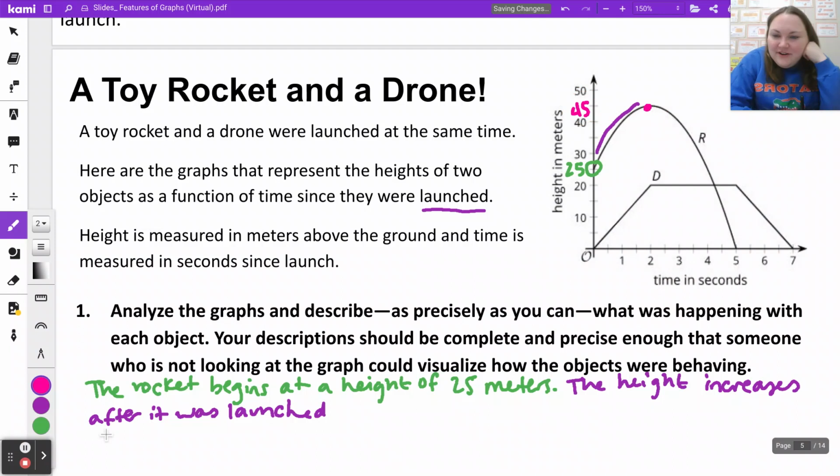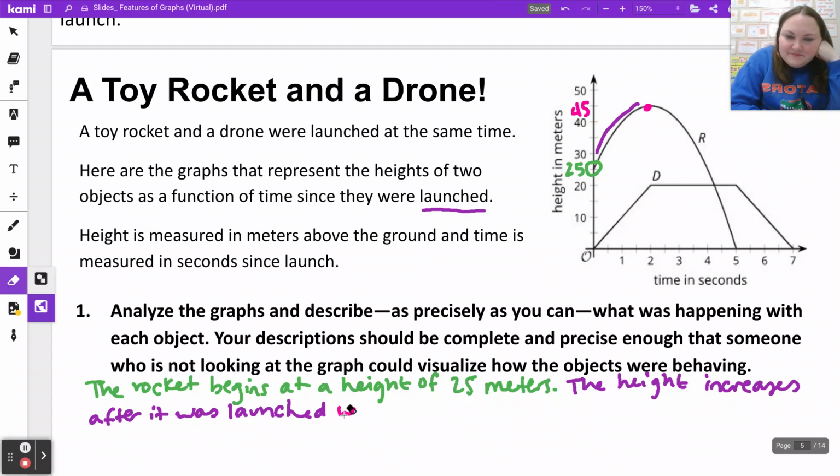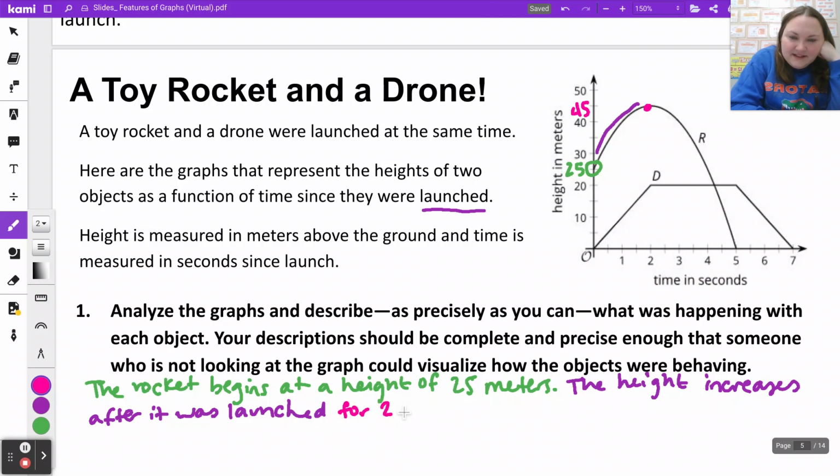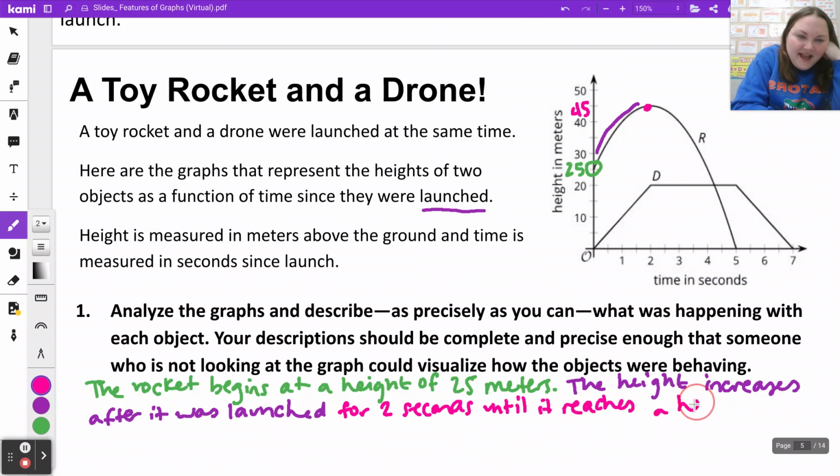So I'm going to say the height increases after it was launched for 2 seconds until it reaches a height of 45 meters.